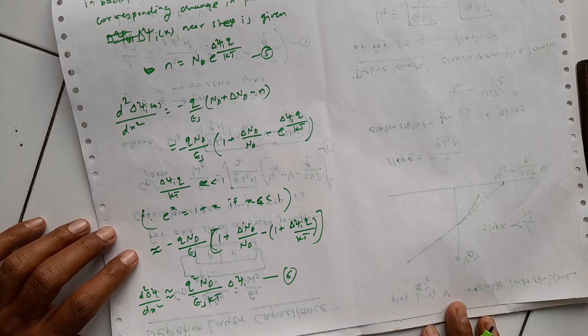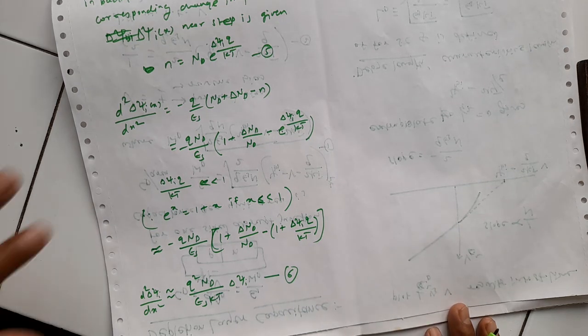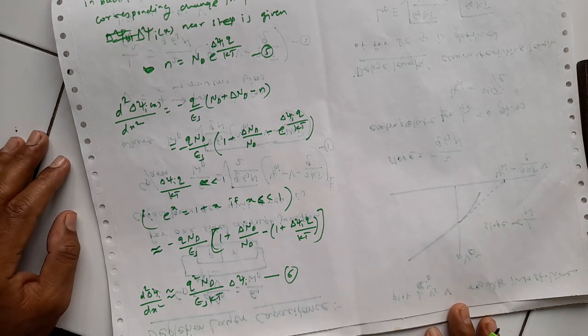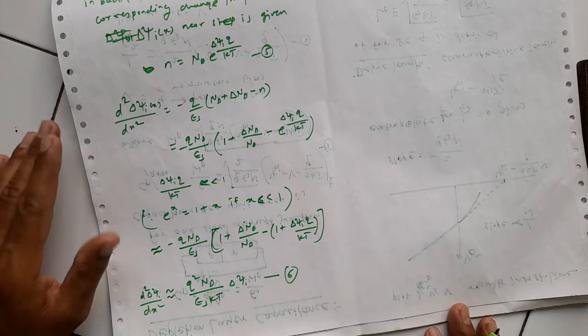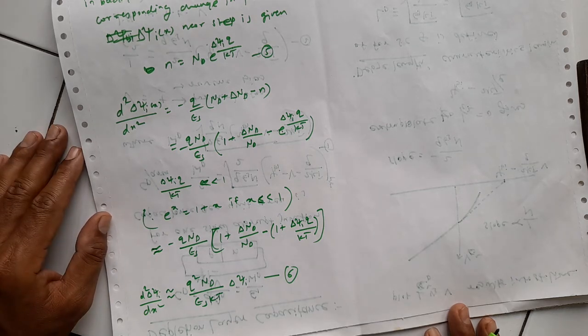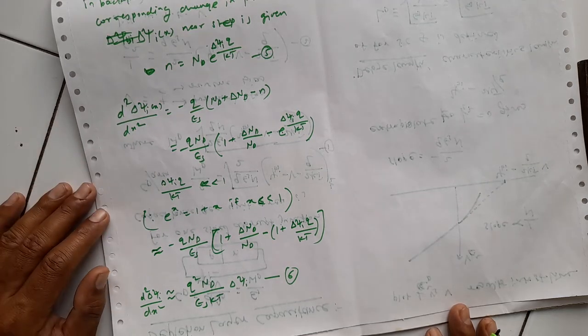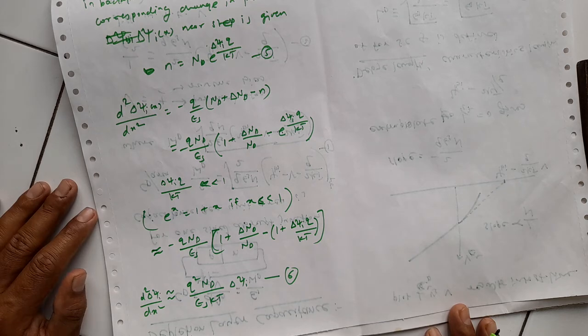If you look at the thermal equilibrium, the depletion layer widths of abrupt junctions are about 8 times the Debye length in the case of silicon, and 10 times in the case of gallium arsenide.